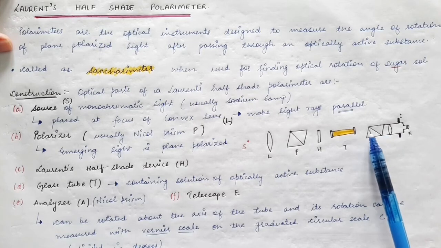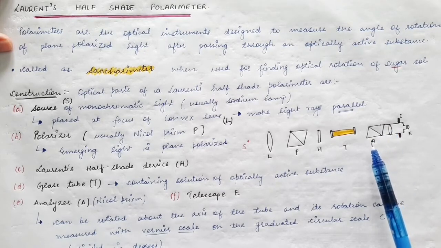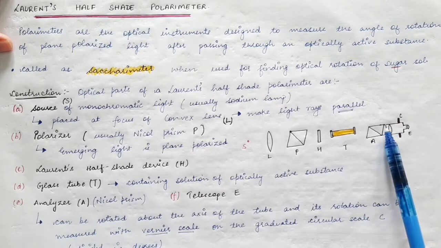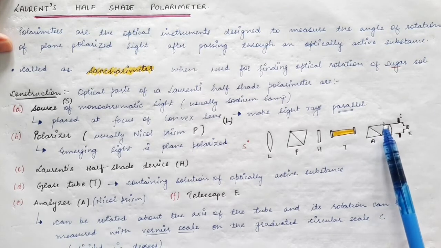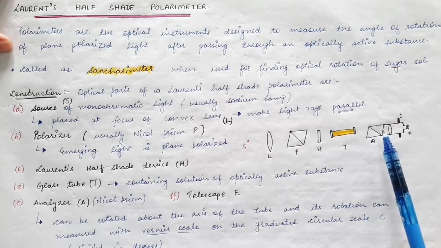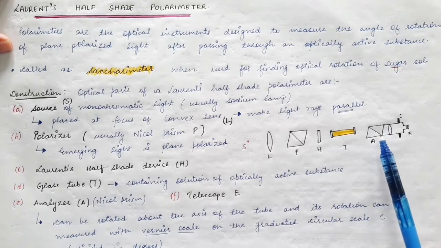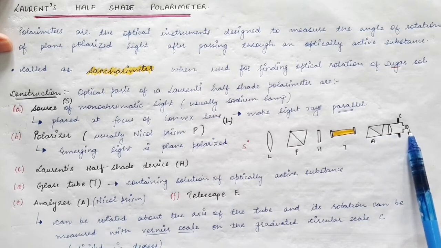After that, the outgoing light is made to fall on another Nicol prism which acts as an analyzer. This Nicol prism is used to find the angle by which the plane of polarization has rotated. After the analyzer we have an eyepiece.